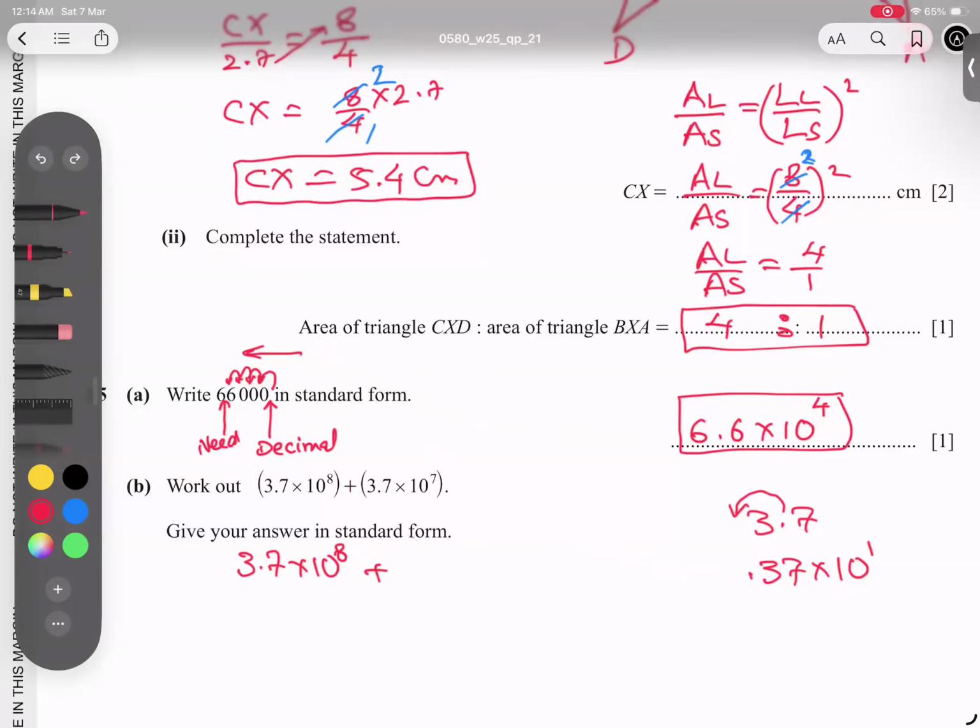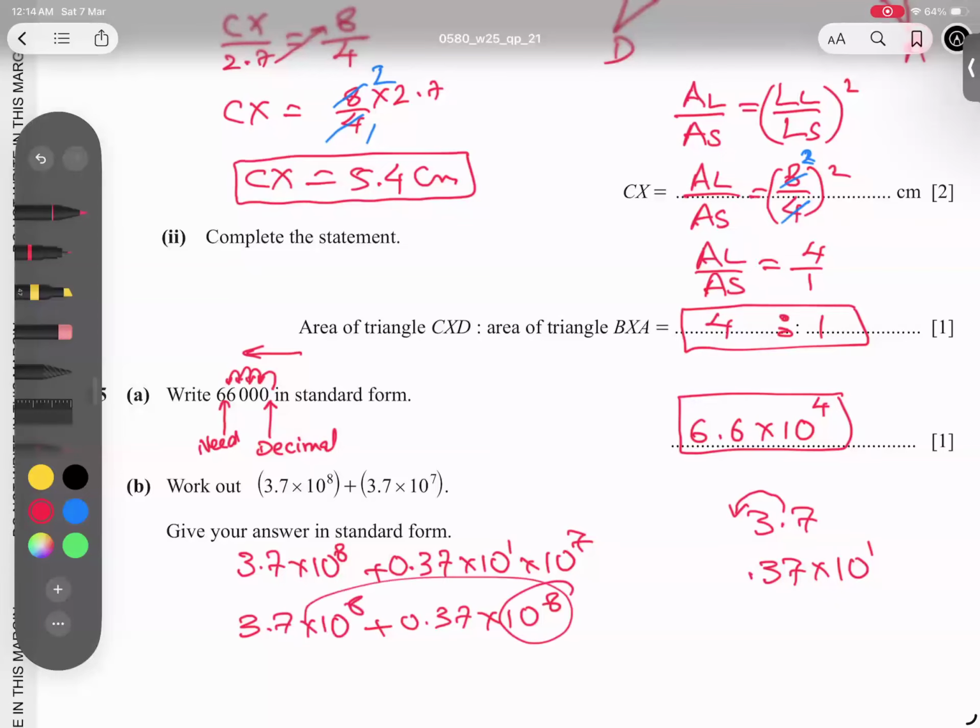So I'm writing here 0.37 times 10 to power 1. But this 10 to power 7 is already available. And the same base, powers add. So 7 plus 1, 8, I can write it. So 0.37 times 10 to power 8 and here 3.7 times 10 to power 8.